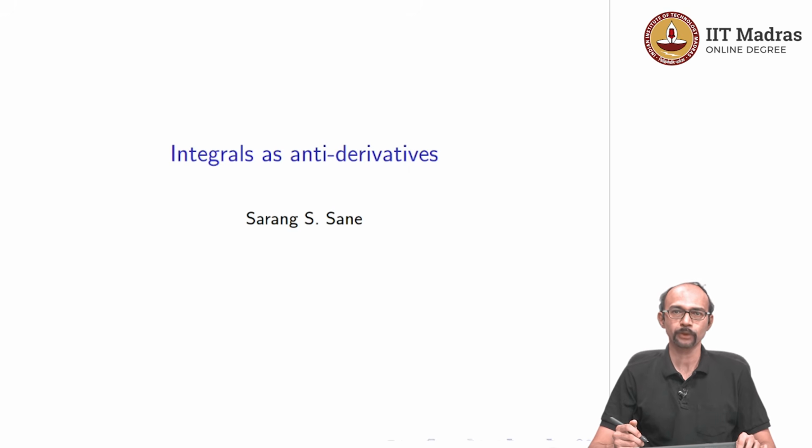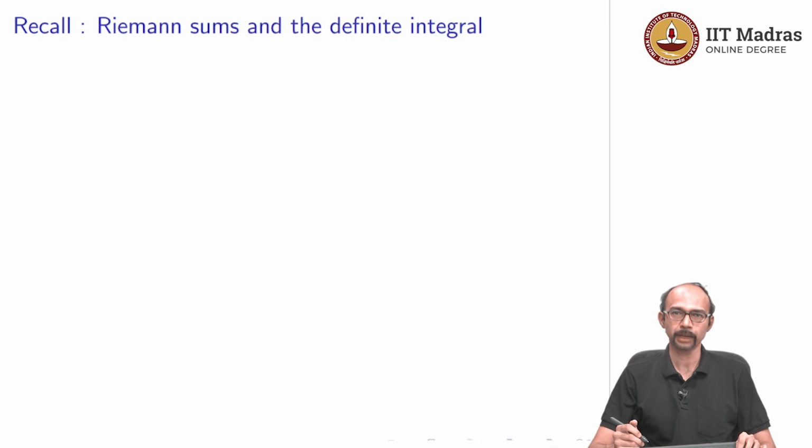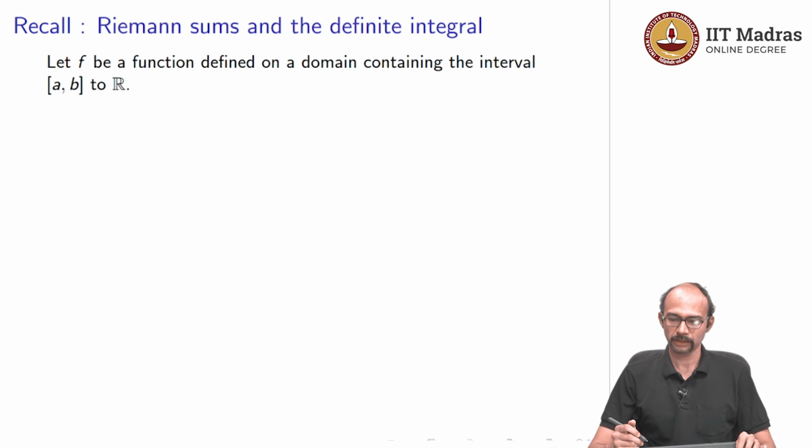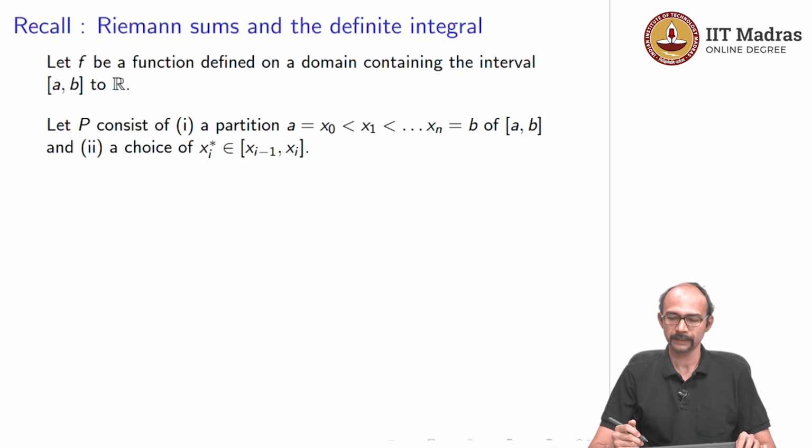So, in our previous video, we defined integrals via Riemann sums. Let us first recall what that was. Suppose f is a function defined on a domain containing the interval [a, b] to R. We looked at partitions consisting of points x1 through xn minus 1, where x0 was a and xn was b, and x1 through xn were increasing from a to b.